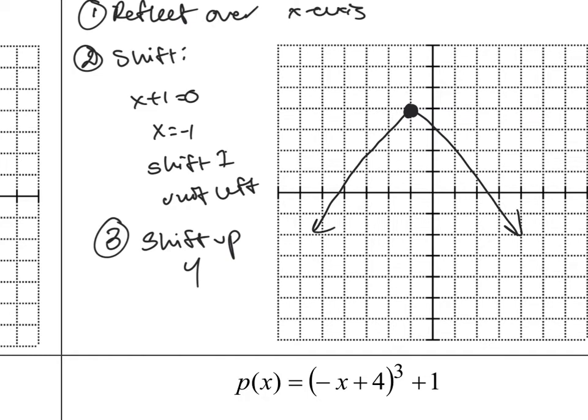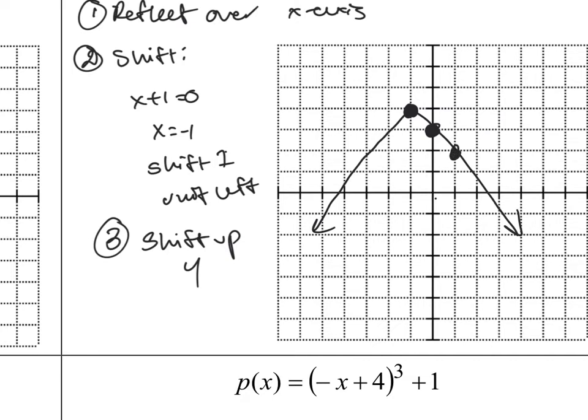Now you can pick your x values and figure out what y is. For example, if x is 0, 0 plus 1 is 1, negative 1 plus 4 is 3. So here's that. When x is 1, 1 plus 1 is 2, negative 2 plus 4 is 2, and then vice versa.